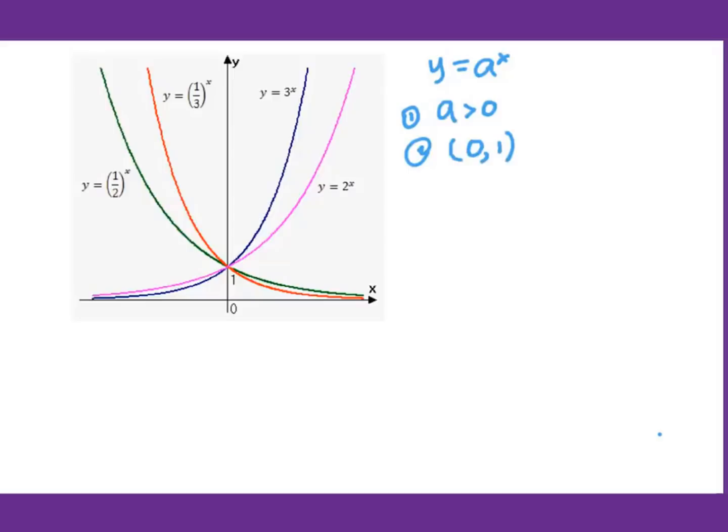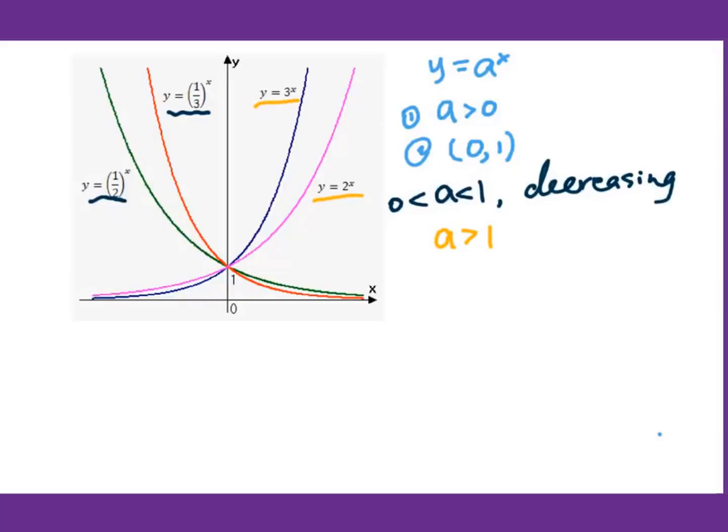If a is greater than 0 and less than 1, look at this function, then it will be decreasing. If a is greater than 1, look at this, then we could see the function is increasing.